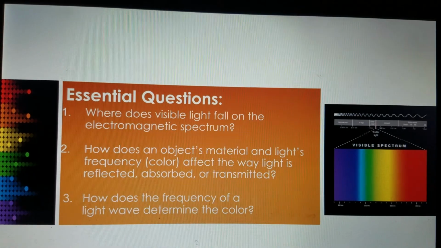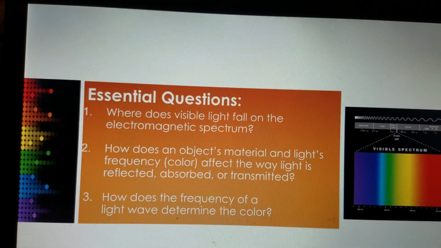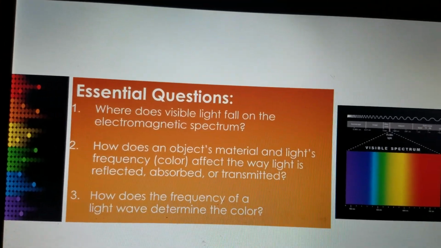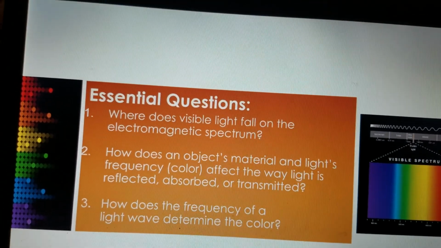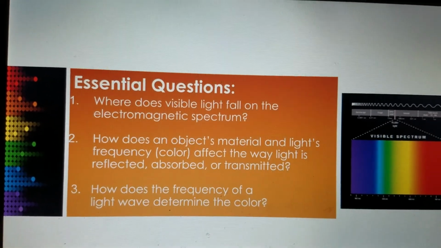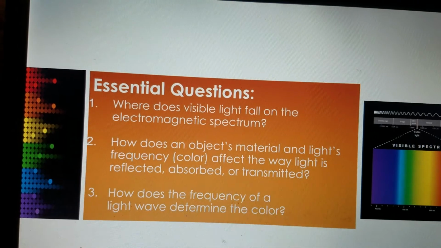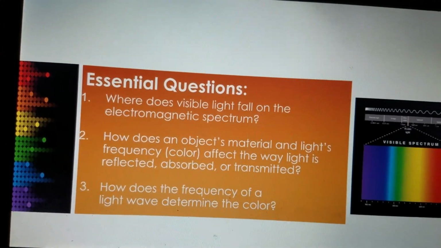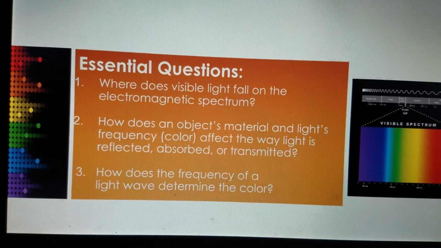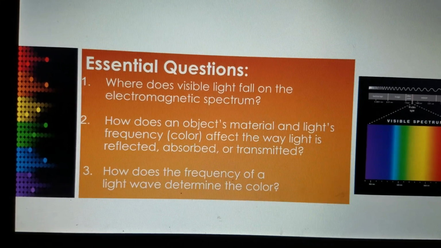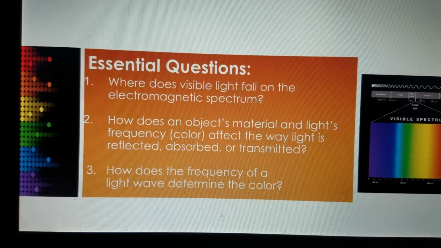So we are going to be talking about where visible light falls on the electromagnetic spectrum. How does an object's material and the light's frequency or color affect the way light is reflected, absorbed, and transmitted?